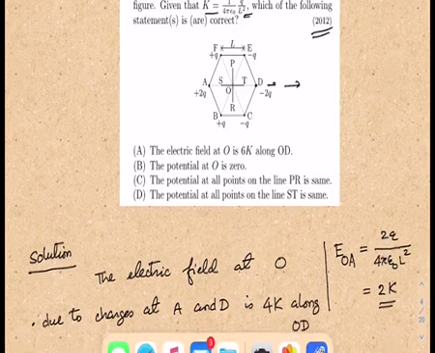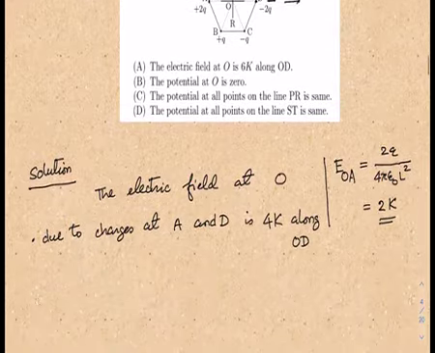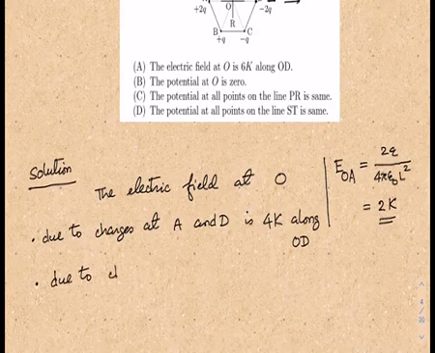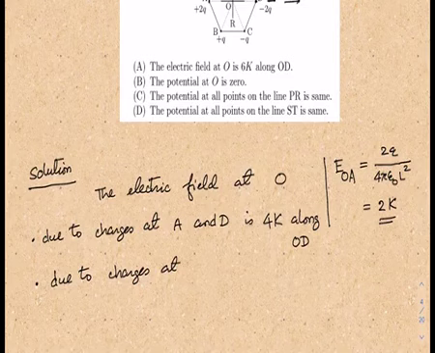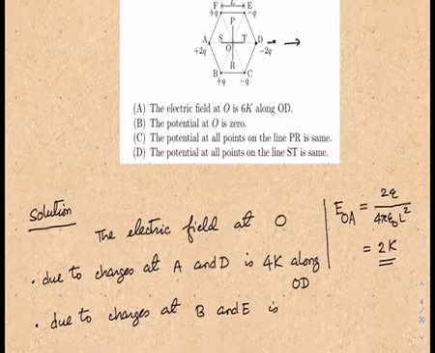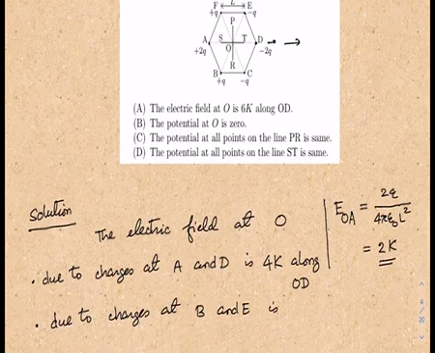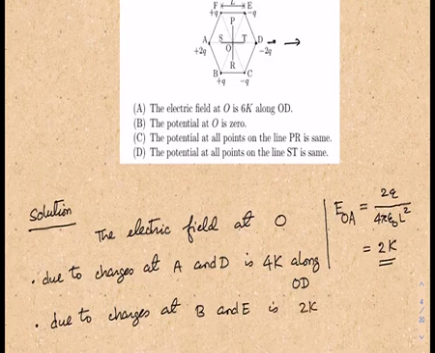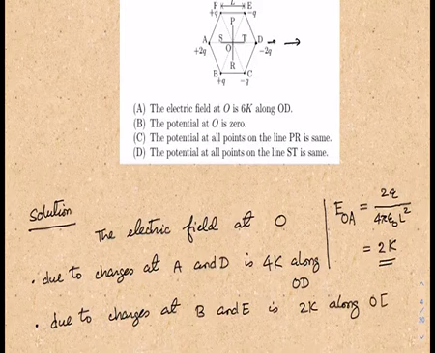Okay, and then you have the second one, due to charges at B and E. By similar logic, it would be along OE, and this would amount to half of this, so it would be simply 2k along OE.